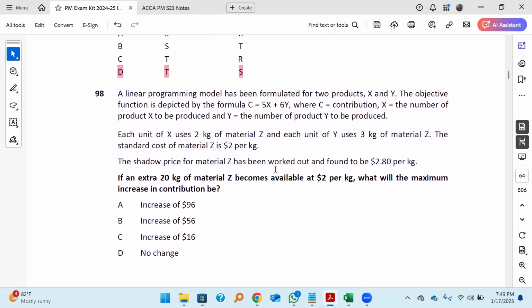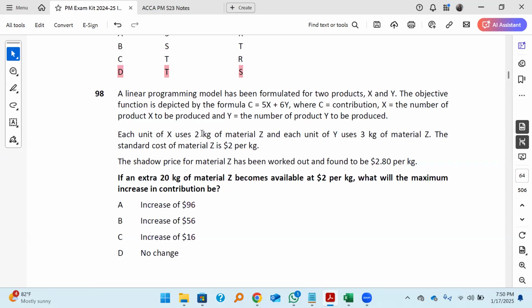Then we have another linear programming question, and they're saying that they have made a programming model for 2 products, X and Y. Objective function is depicted by the formula C is equal to 5X plus 6Y, where C is the contribution, X number of products to be produced, and Y number of products of Y to be produced.